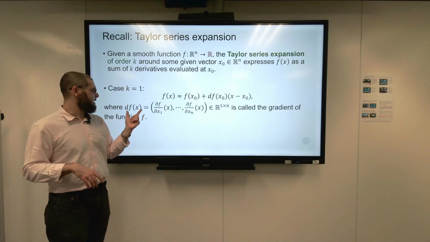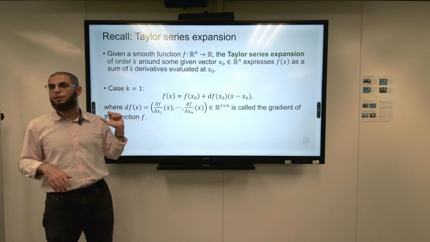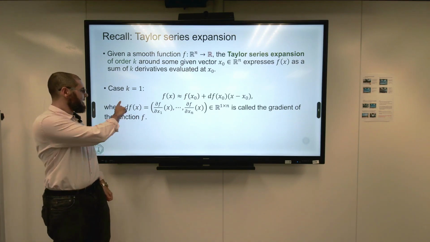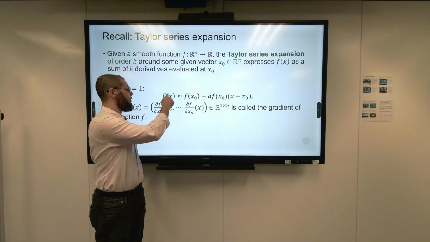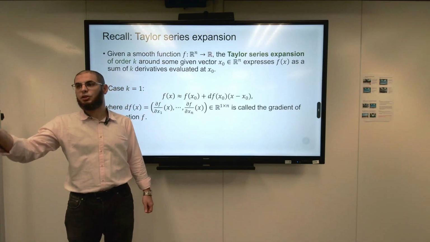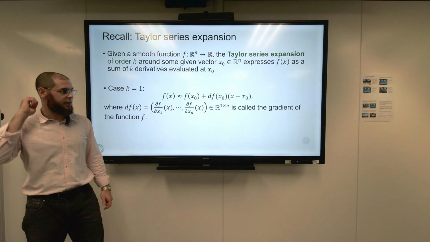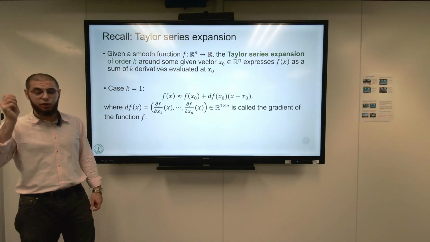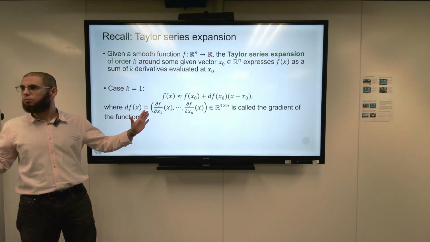And the gradient df of x0 is simply the partial derivatives of the function with respect to the x's: partial f by partial x1, partial f by partial x2, partial f by partial x3, up to partial f by partial xn. So this is the gradient of the function f.